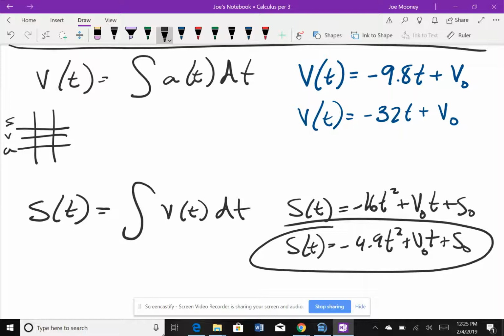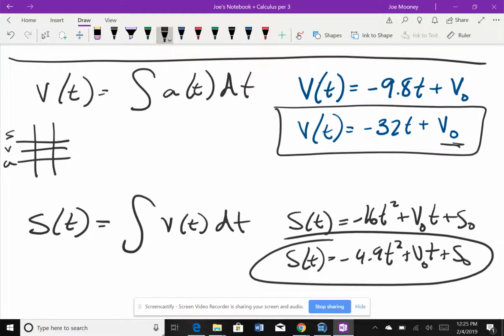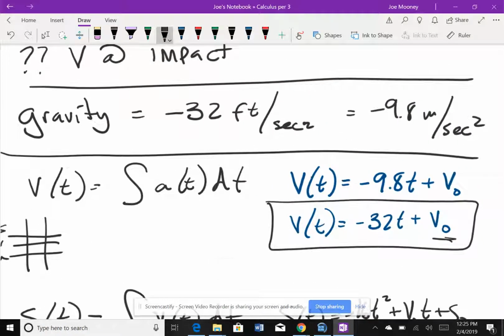So its derivative will be 2 times 4.9, or let's do feet, 2 times 16, which gets you negative 32. And then it would be 1 times initial velocity. So it'll be initial velocity. So that gives you that. And that makes initial velocity a constant. And then you go down the ladder one more time to acceleration. Guess what?